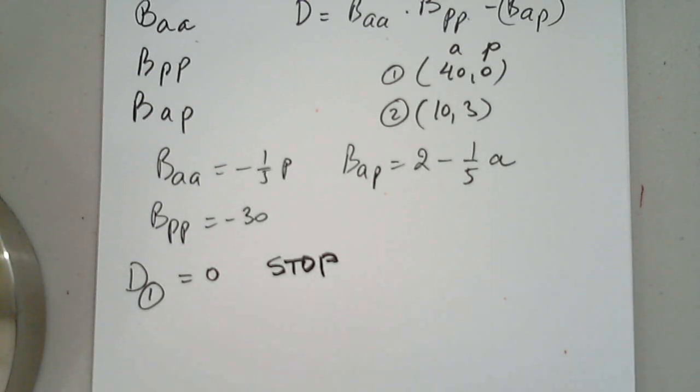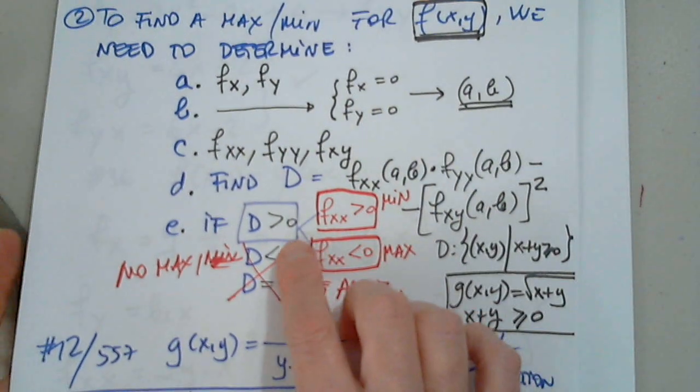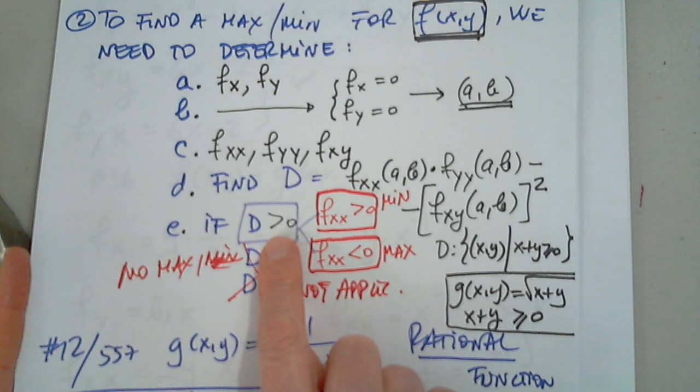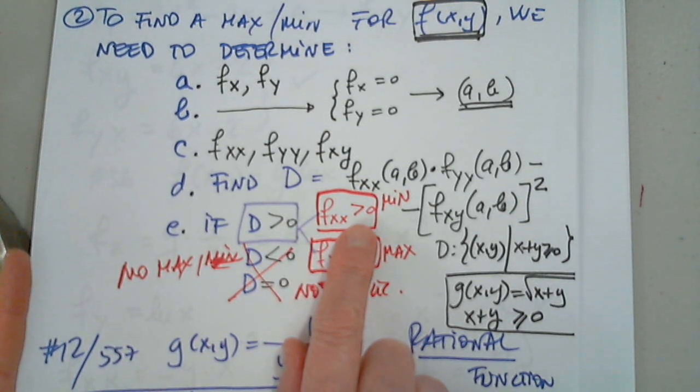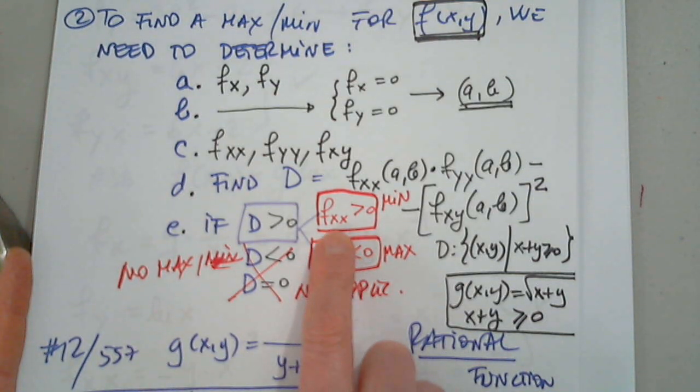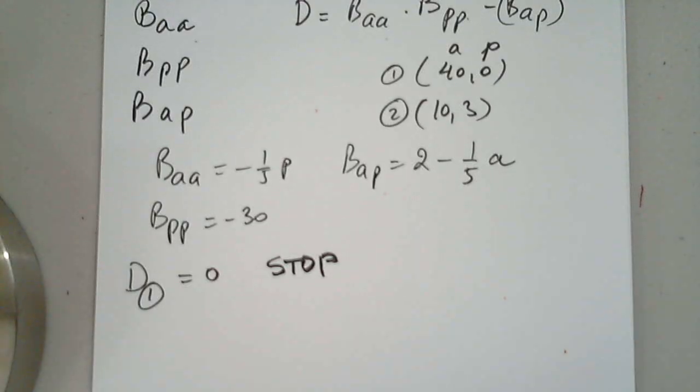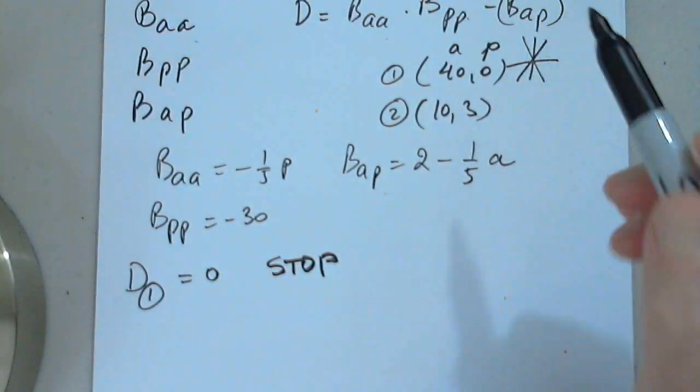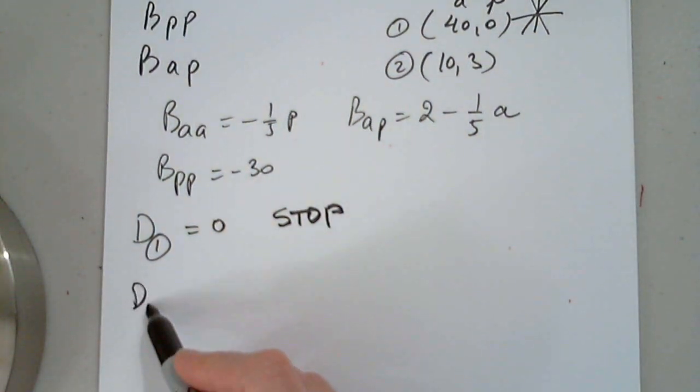Because remember, I did not put that in previous lectures yet. So this, whatever that is, has to be either strictly greater than 0 or strictly less than 0. But this is already 0. So we can disregard this point.